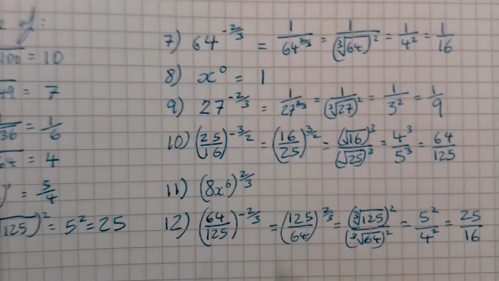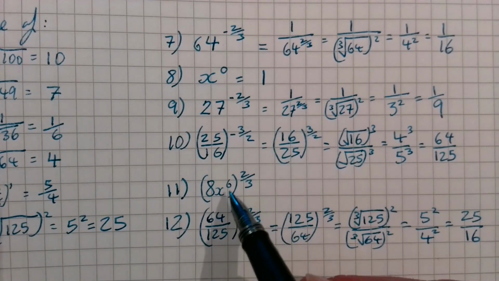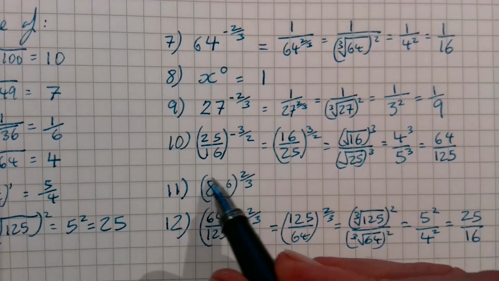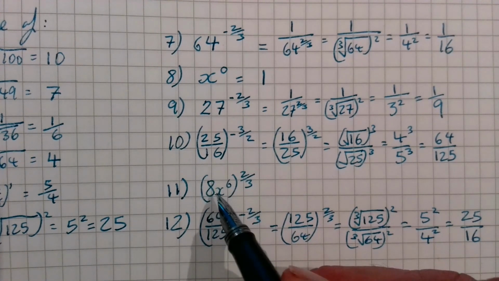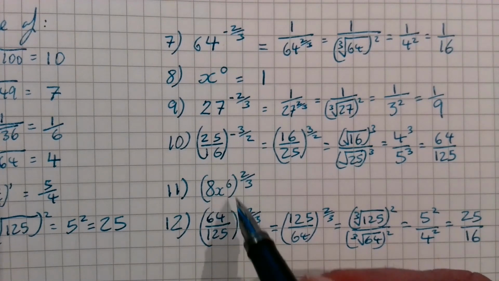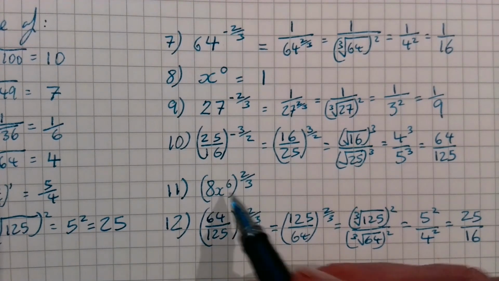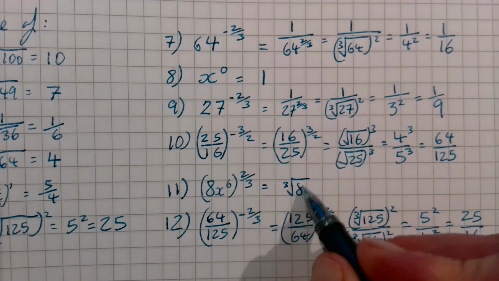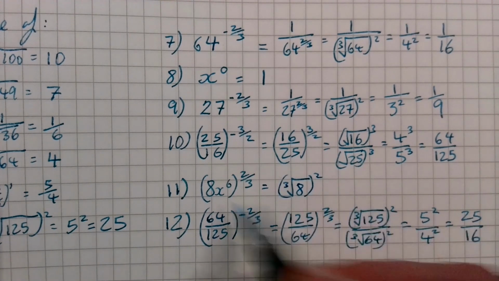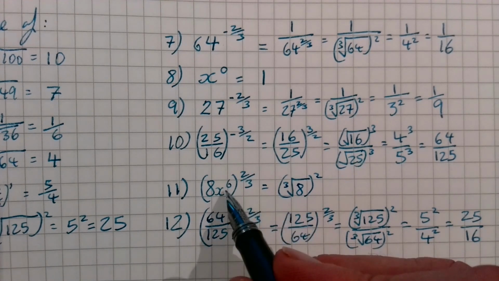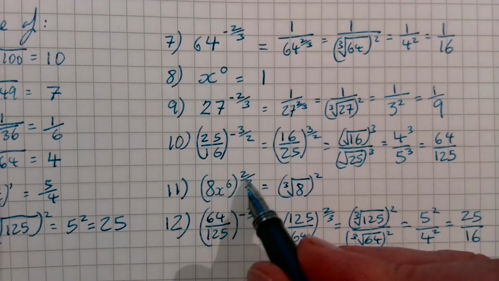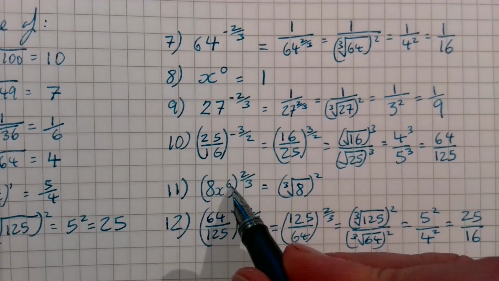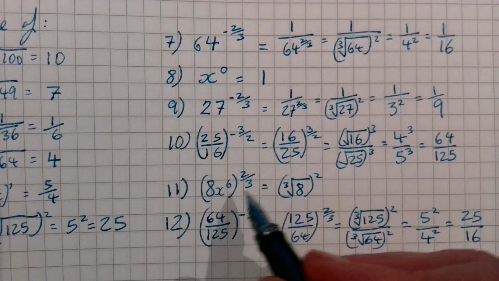Okay, so we've got one left to go. 8x to the power 6. Now when you've got a coefficient of your letters, we've got to do the power 2/3 to the 8 and to the x's. So to the 8, that's going to be cube root of 8 and then squared, and then we're going to be timesing that by, well, when you've just got letters, all you have to do is times the powers together, don't you?